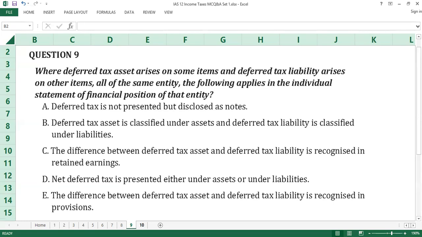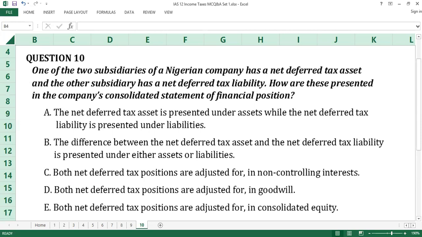Question number 10. One of the two subsidiaries of a Nigerian company has a net deferred tax asset and the other subsidiary has a net deferred tax liability. How are these presented in the company's consolidated statement of financial position? A, the net deferred tax asset is presented under assets, while the net deferred tax liability is presented under liabilities.